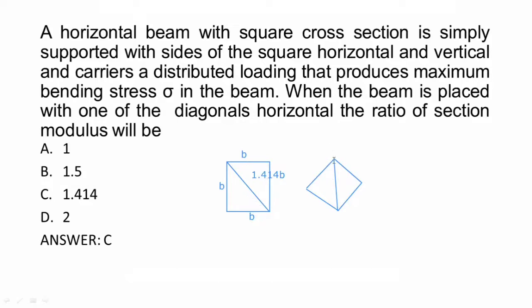Same is here. Now what is asked? When the beam is placed with one of the diagonals horizontal, either vertical or horizontal, both the lengths will be the same. The ratio of section modulus will be, so for this square cross section, the section modulus is b d square by 6.